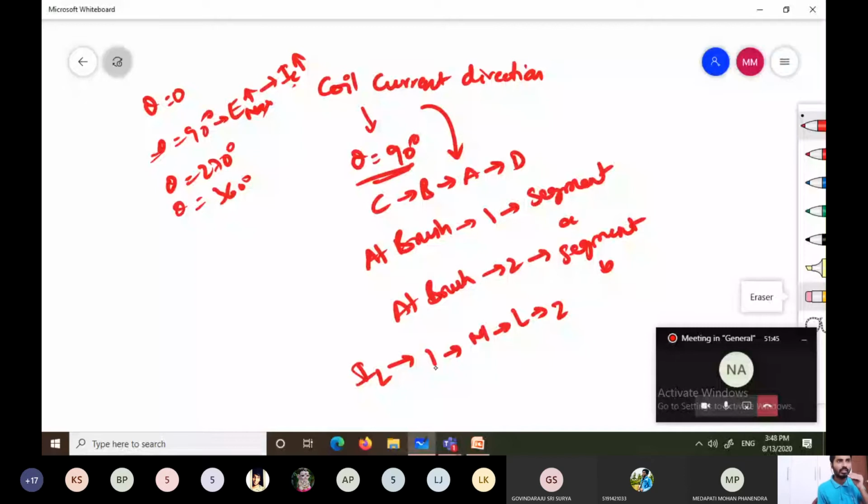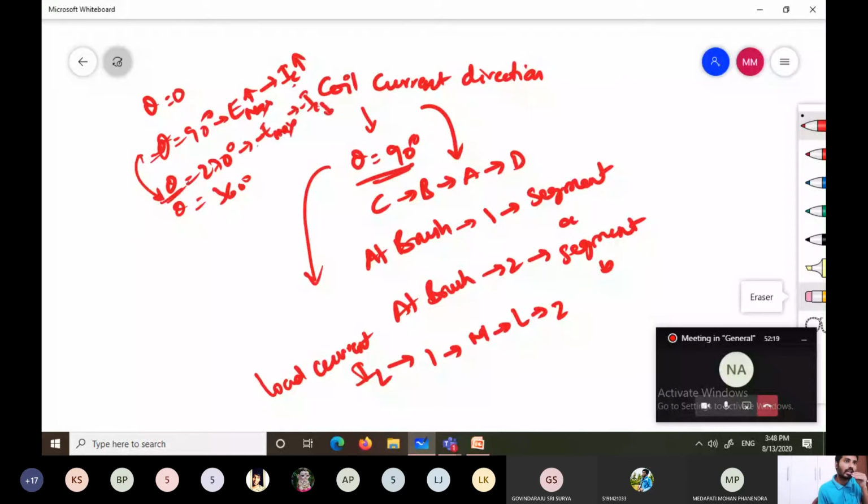Now we'll see another case when the current will flow. From this diagram we can see when the coil is having a current: theta equals 90, and another case theta equals 270. At 270 you are having a negative coil current.